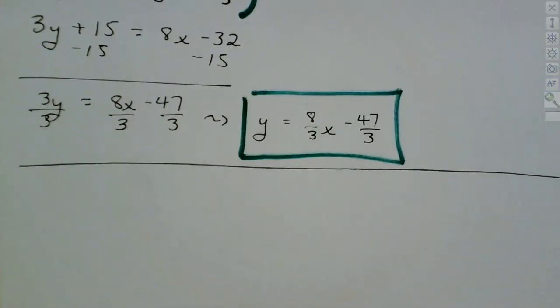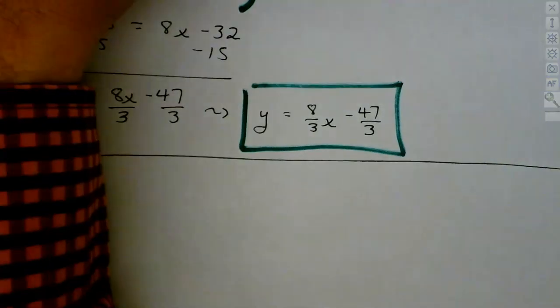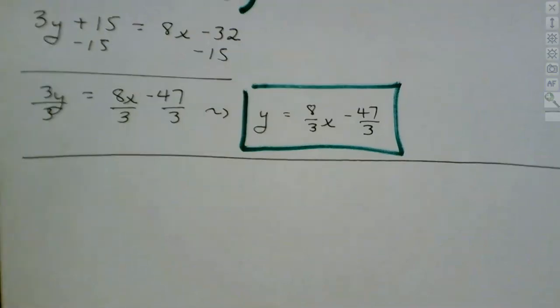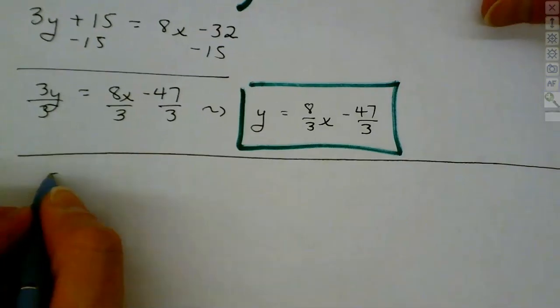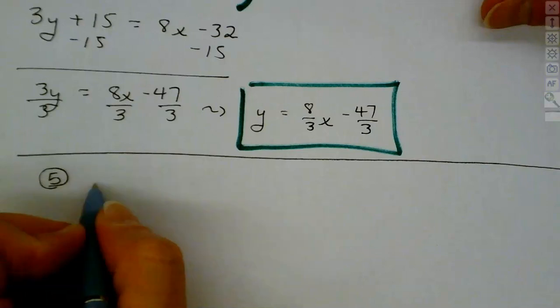Is everyone all right with how we did that? I know it's been a bit, but we're going over it again. Question 5. Similar, but this one talks about parallel lines.